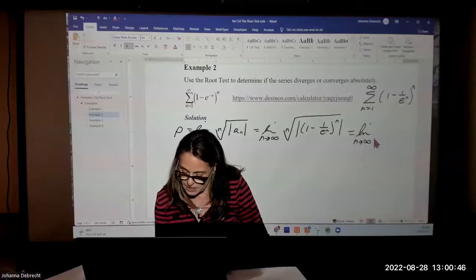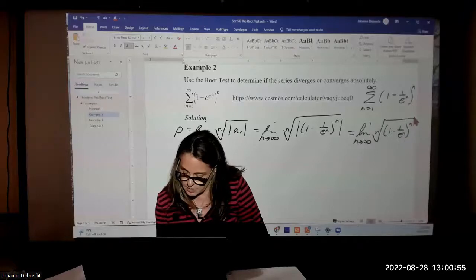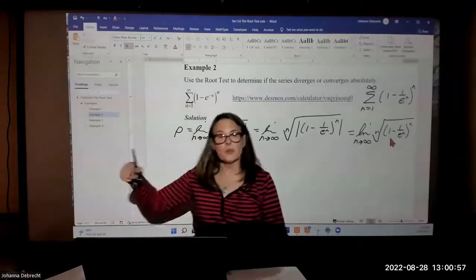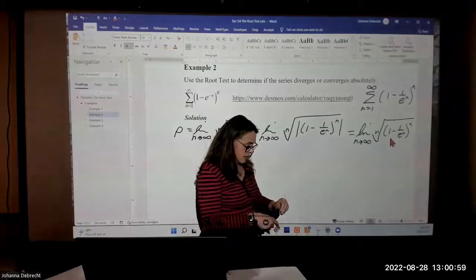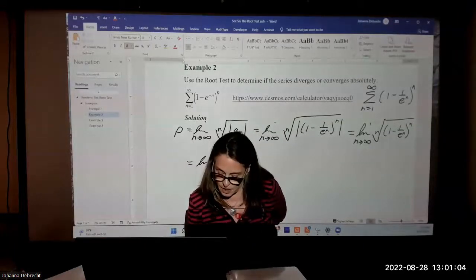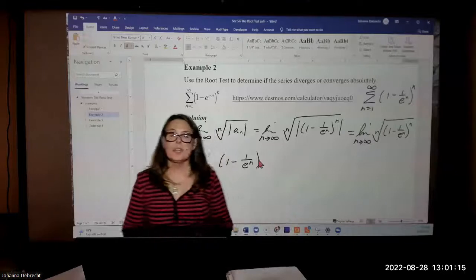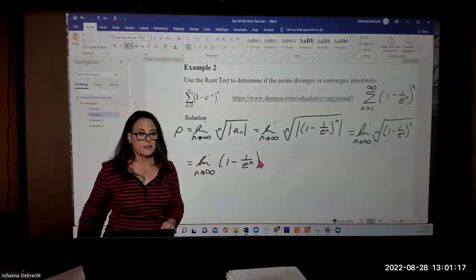So now I've got the nth root of (1 minus 1 over e to the n) to the nth power, and the nth root undoes the outside nth power. This is going to give me the limit as n goes to infinity of 1 minus 1 over e to the n. Now, I know that the limit of a difference is the difference of the limits.